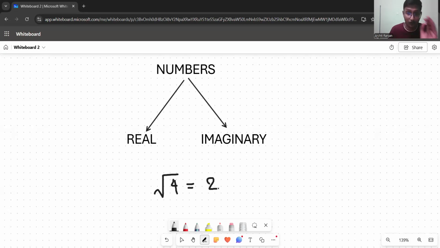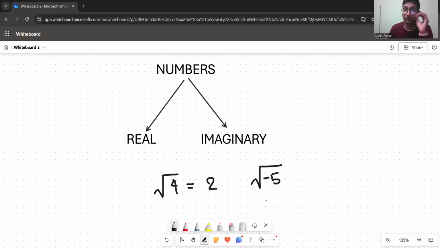But now here it is always 2, not minus 2. Okay. So it is important to note that the under root works only and only if there is a positive number inside the root. So what happens if we say I want to know the value of under root minus 5?